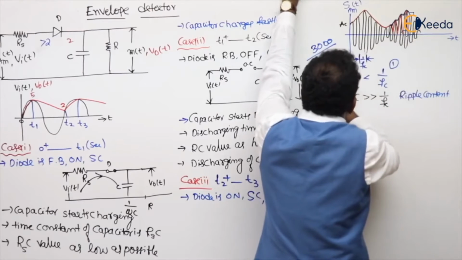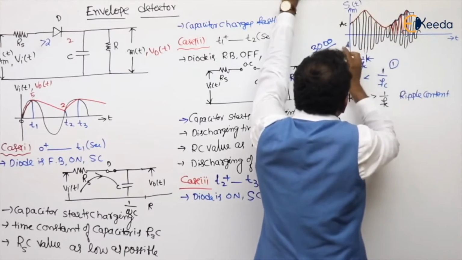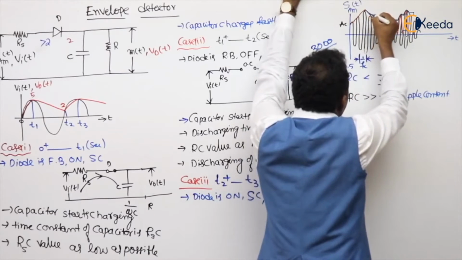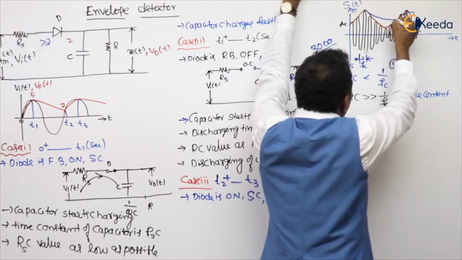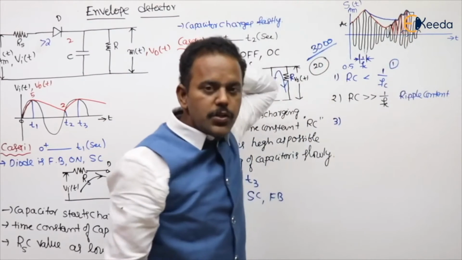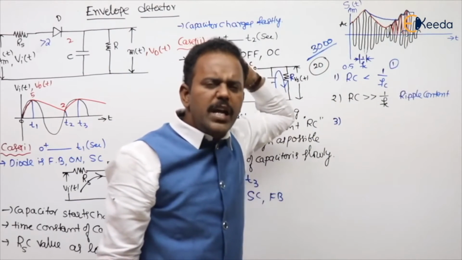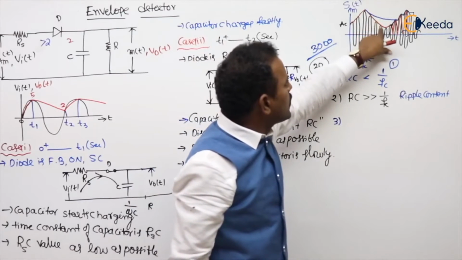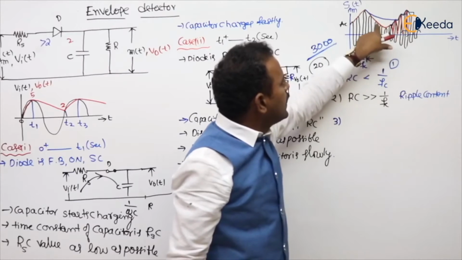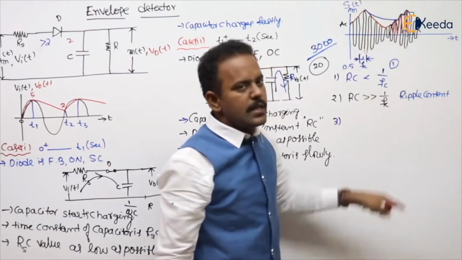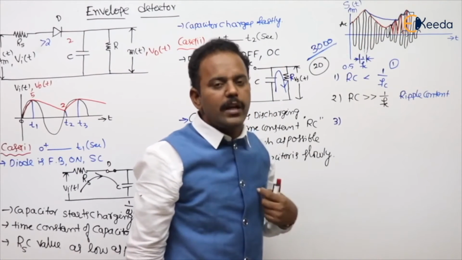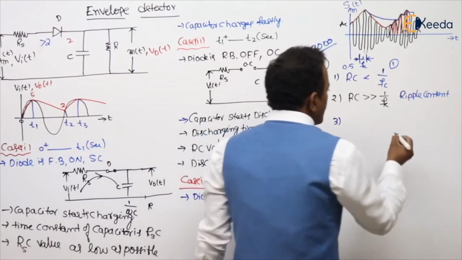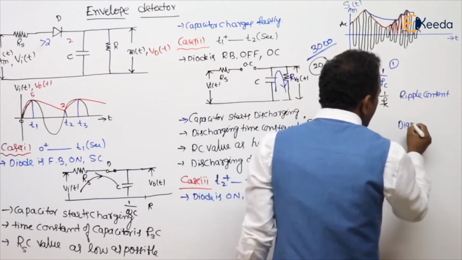But with very, very huge values, the capacitor is unable to come to the minimum values because the time constant is very large. Here only 1 second, 1 second, 1 second, but it is not sufficient for the capacitor to discharge. This missing of peaks is called diagonal clipping.